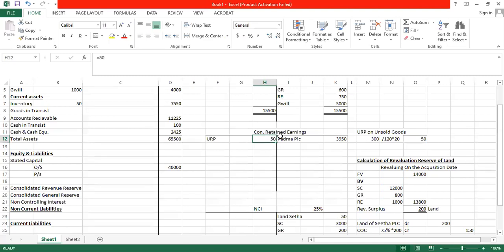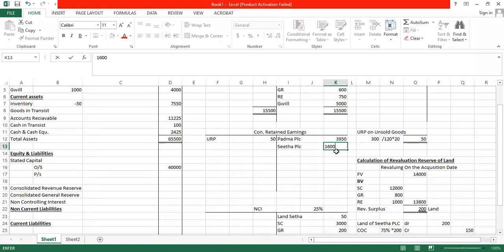So that part we have to adjust here. So that's already done. Unrealized profit debited. And now we have to take Sita PLC's retained earnings, it's 1,600.